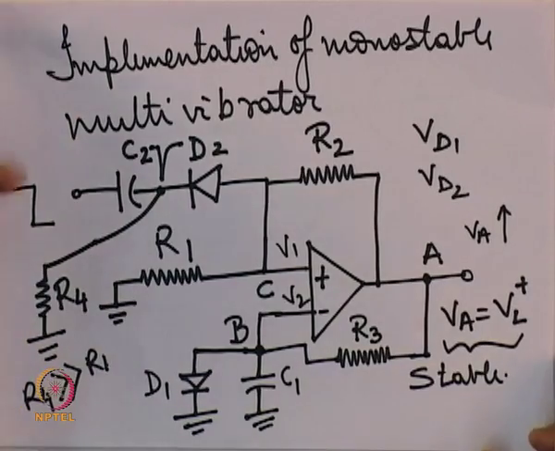So, that is one use of a monostable multivibrator, that it is often used as a timer circuit.